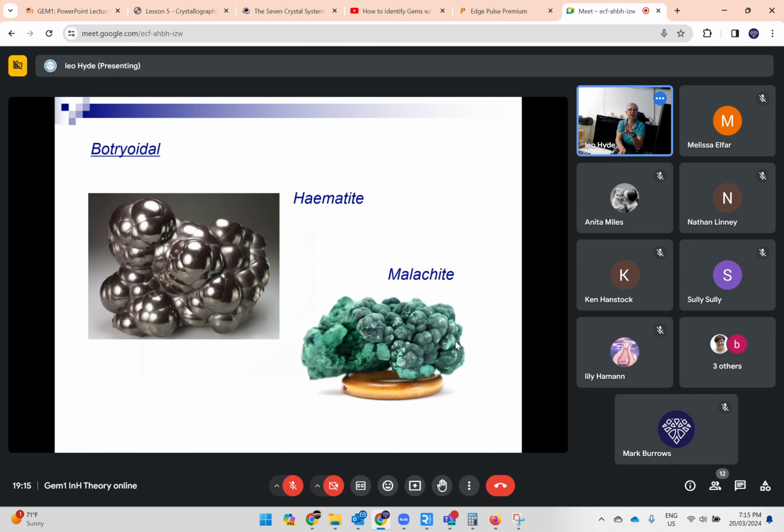What's the definition of crystalline? An organized structure at an atomic level, an orderly and repeated atomic structure, yes. And they don't have a form, they don't have a habit.